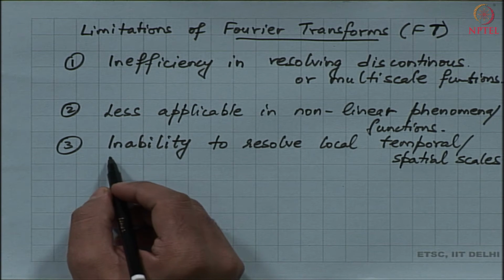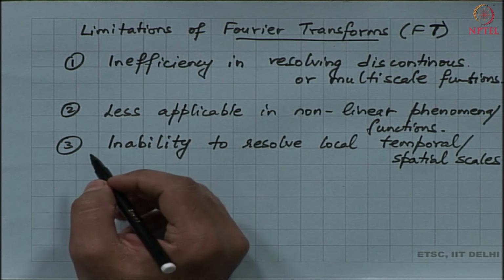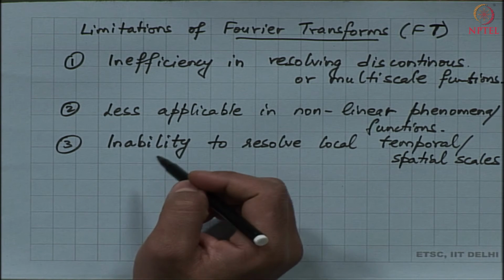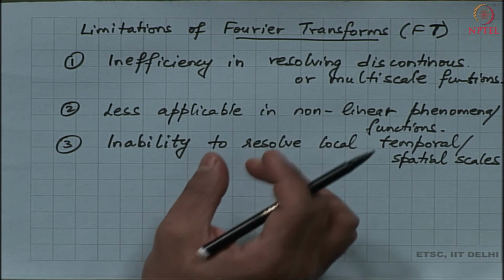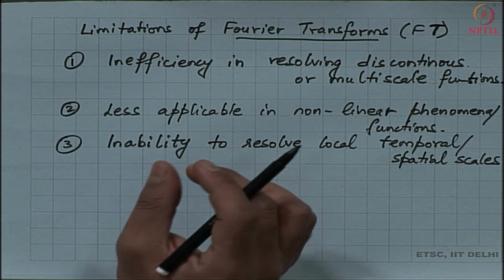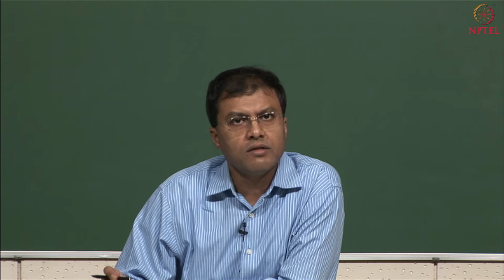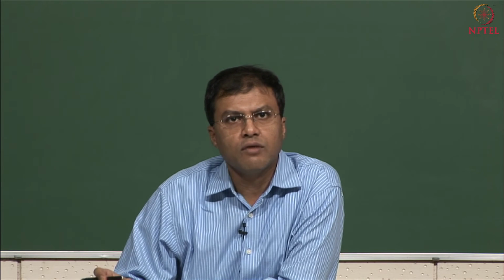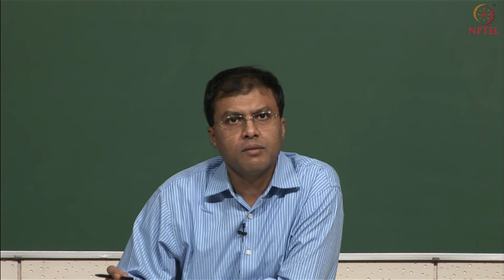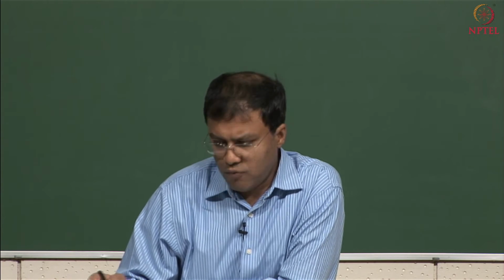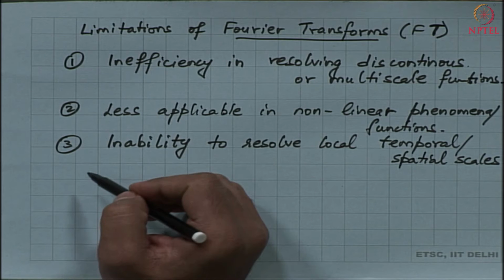What was shown here was that Fourier transform was able to locate the point in space where there is a discontinuity, it is able to tell you where there is a discontinuity, but it is not able to pinpoint with accuracy at what point in space or what point in time this discontinuity occurs. And again I am going to show you with some examples what I mean by this problem.